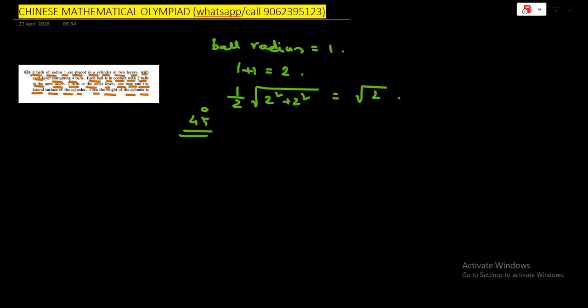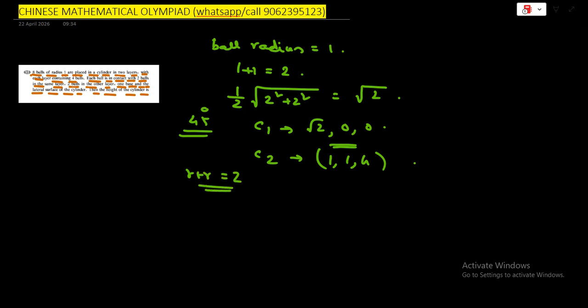So the bottom center C1, let's put it at (root 2, 0, 0) on a coordinate map, and the top center C2, because it's rotated, its coordinates are (1, 1, h). Okay. Now the distance between these centers must be R plus R, that is 2.